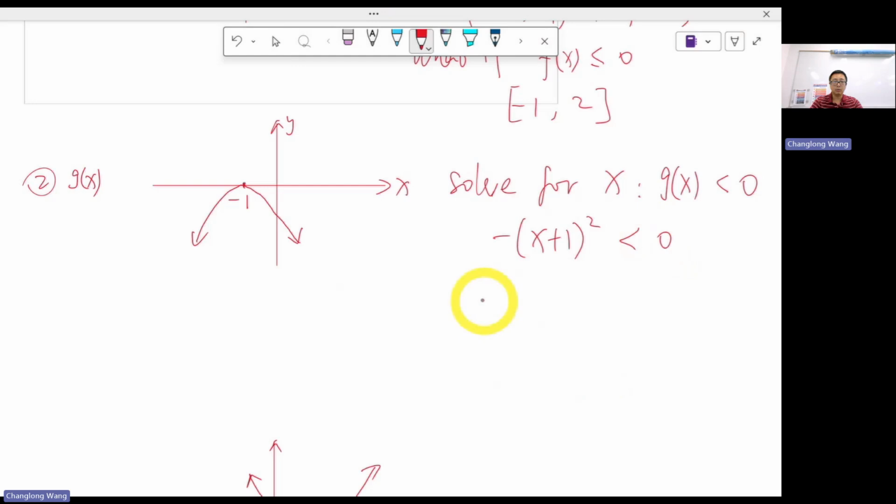So now, what do you think? What should be the solution set? The graph is right there, touching the x-axis only at one point, -1. But I want this graph, or the function, to be negative. What do you think it would be?